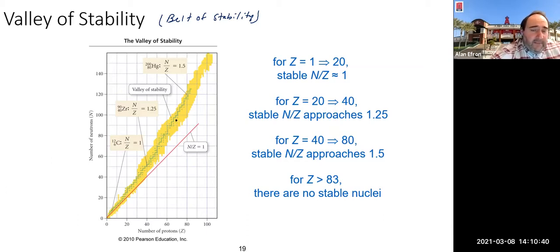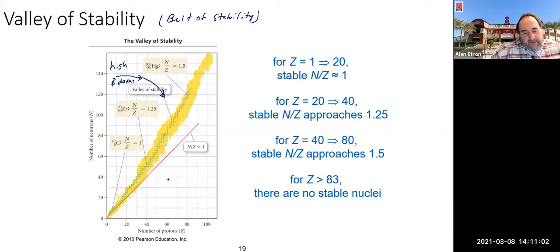So when we talk about something being too high or too low, if that ratio is too high, it means it's to the left of it, if you will, and it will go through a beta decay to bring that ratio again towards the valley of stability.